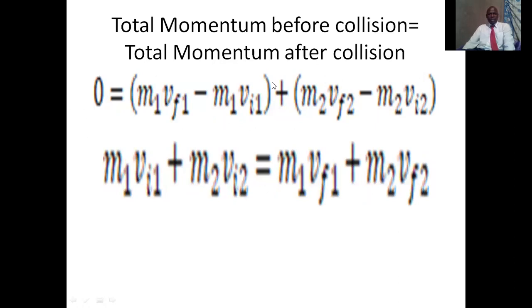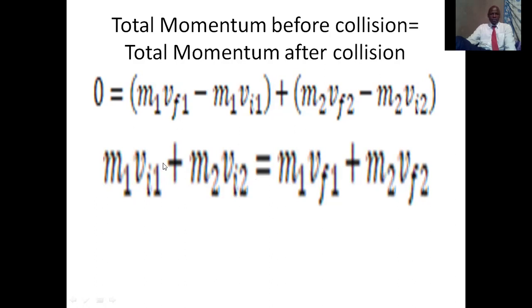And so, rearranging this, you look at the initial momentums on one side. So we're going to have the momentum for mass 1 plus the momentum for mass 2. These initial momentums will be equal to the final momentum for mass 1 plus the momentum for mass 2.